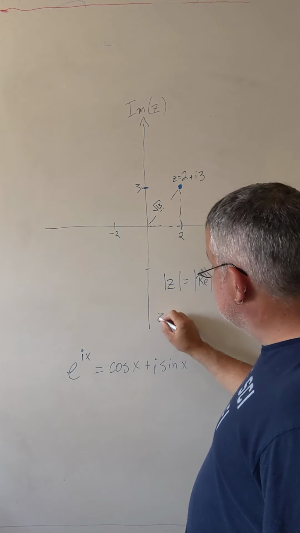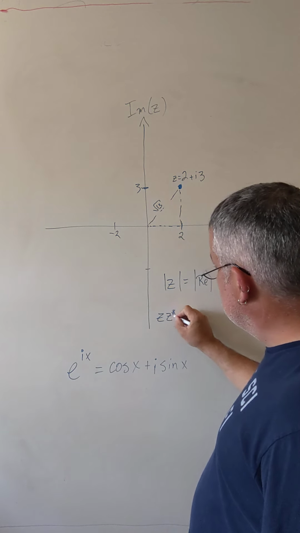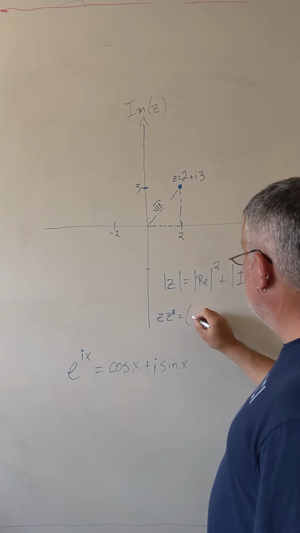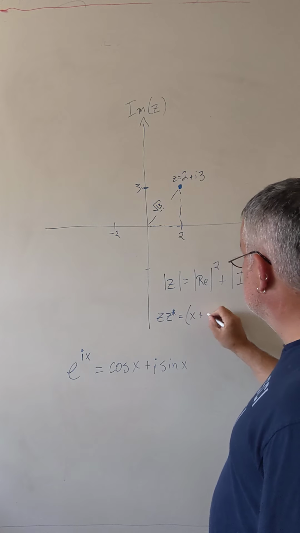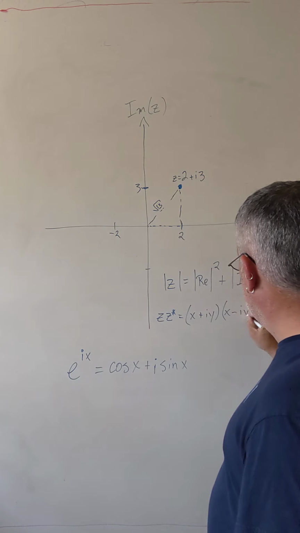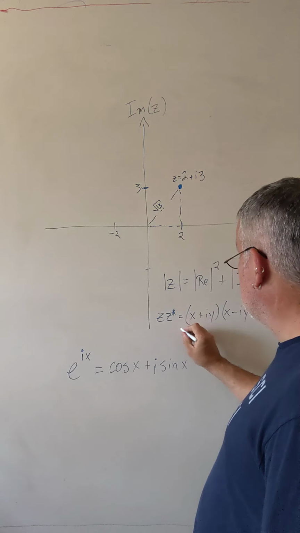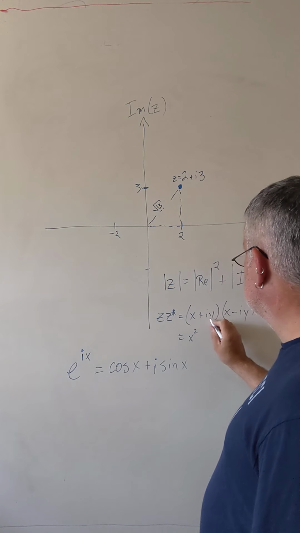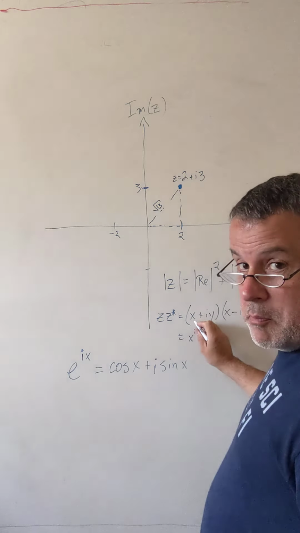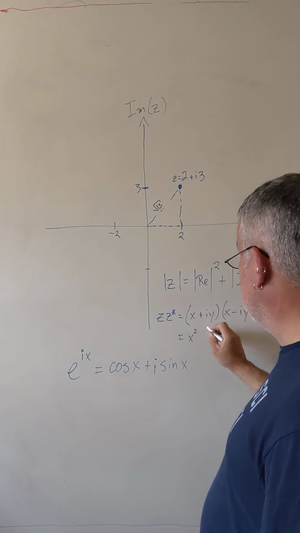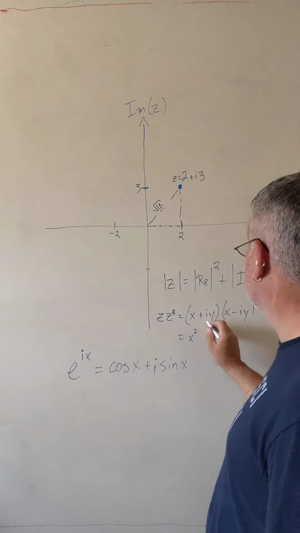Or we could write z times z star, where star means complex conjugate, which is equal to x plus iy times x minus iy. Let's expand that out. That's equal to x squared plus ixy minus ixy minus i squared y squared. Those two terms cancel.